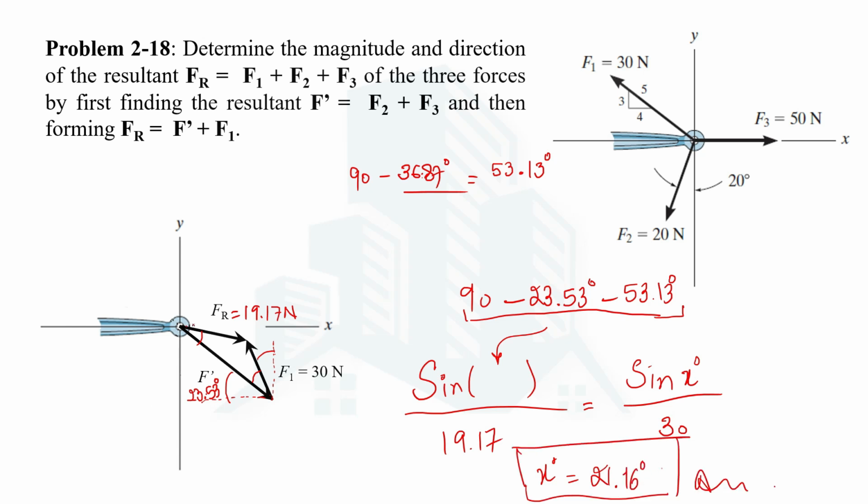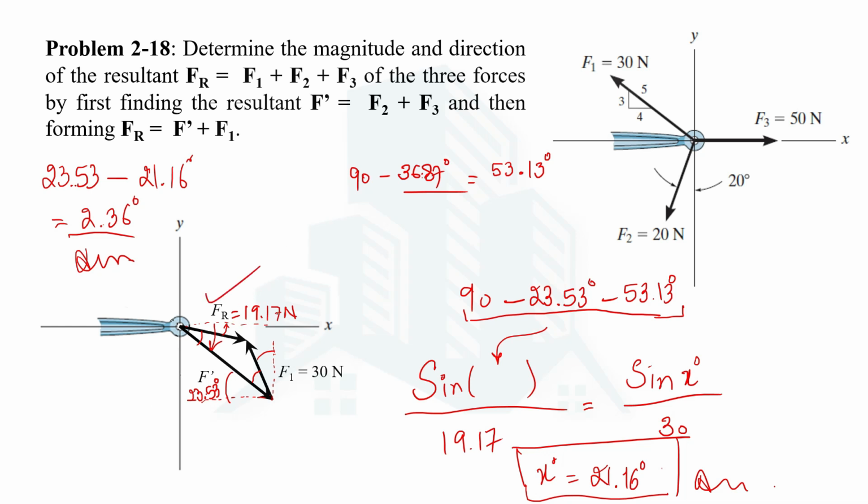Now you know that this F dash makes an angle of 23.53. So if you subtract this 21.16, then we are going to get the angle this resultant force is making with the x-axis. So 23.53 subtracted by 21.16, you are going to get the angle as 2.36. So that's the direction of the resultant force.